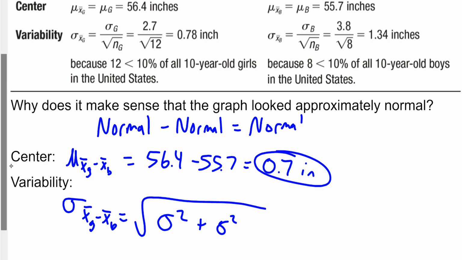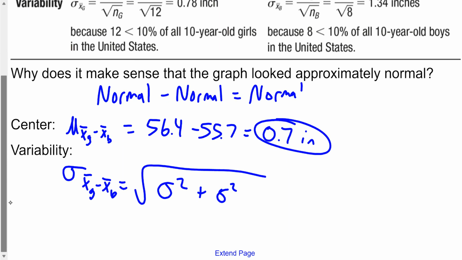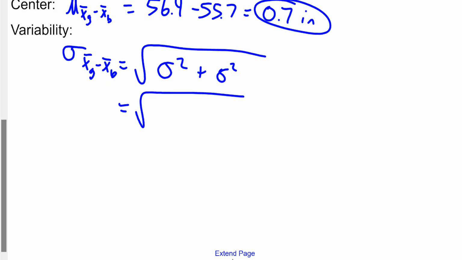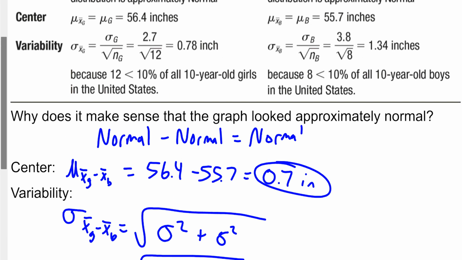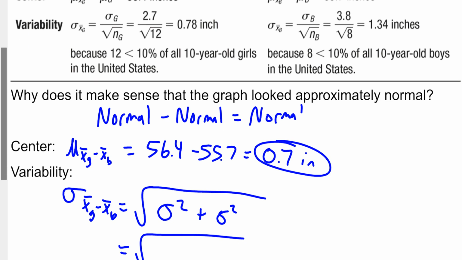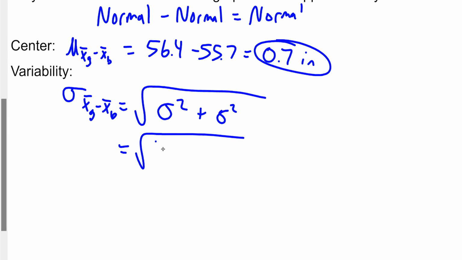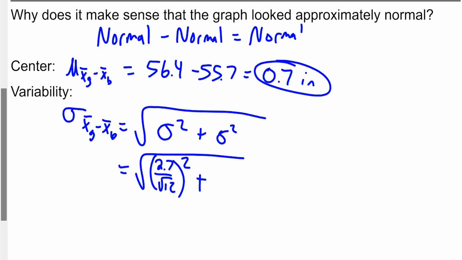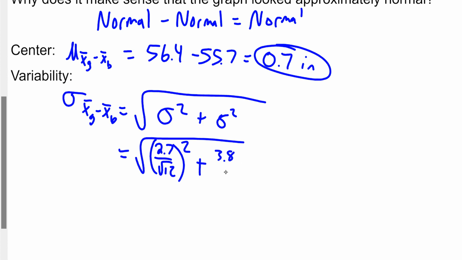In this case, we'd be taking what we found for those variances: 2.7 over the square root of 12, which we did get an answer for, and we'd be squaring that, plus 3.8 divided by the square root of 8. We'd be squaring that.